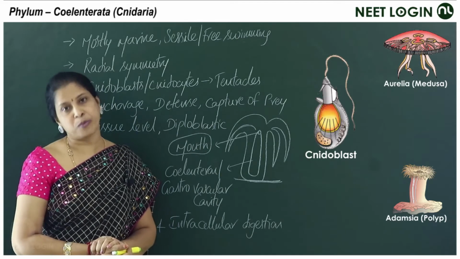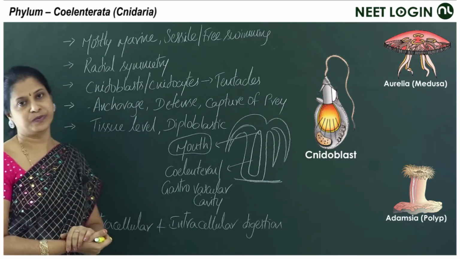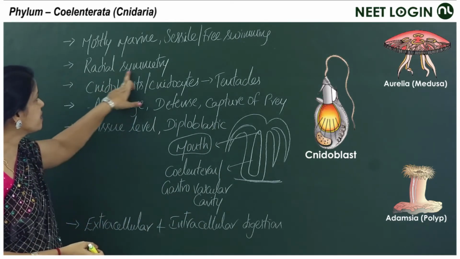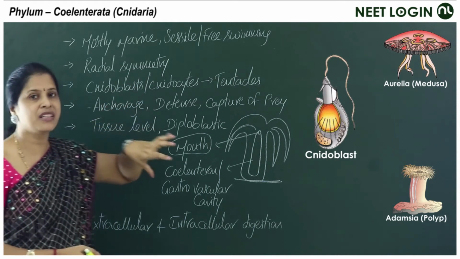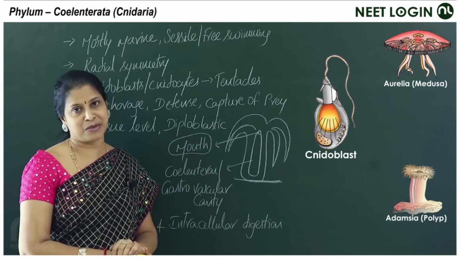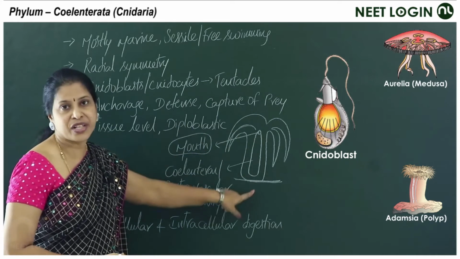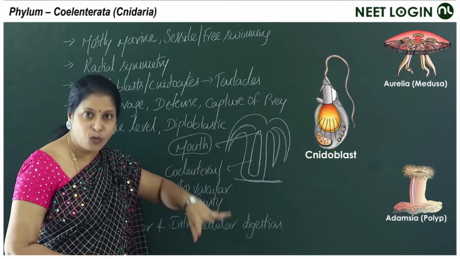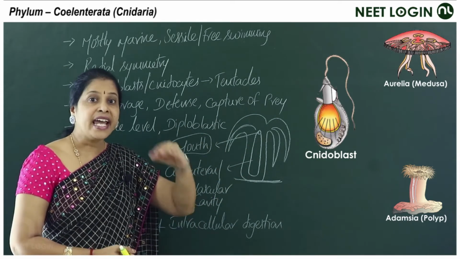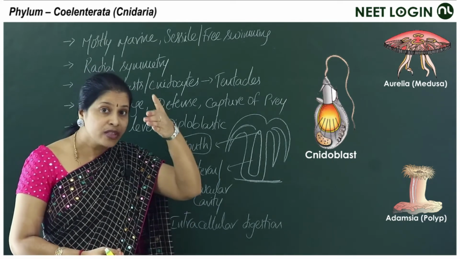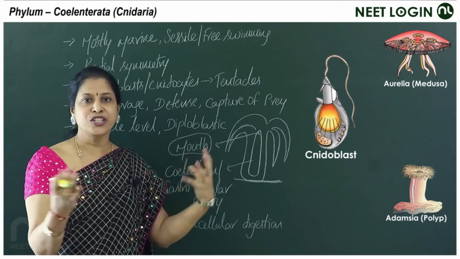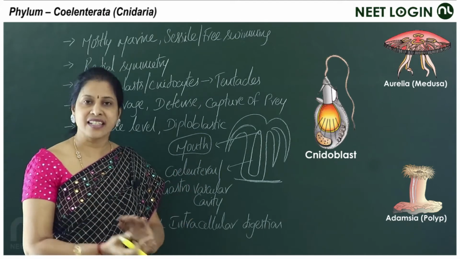Or you can call them eumetazoans. First eumetazoans. Eu means true. And coming to the symmetry, what type of symmetry do they exhibit? Radial symmetry. You know well what radial symmetry is: any plane passing through the center of the animal gives rise to identical halves.